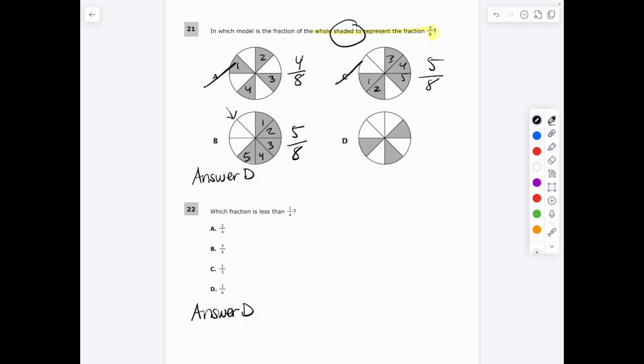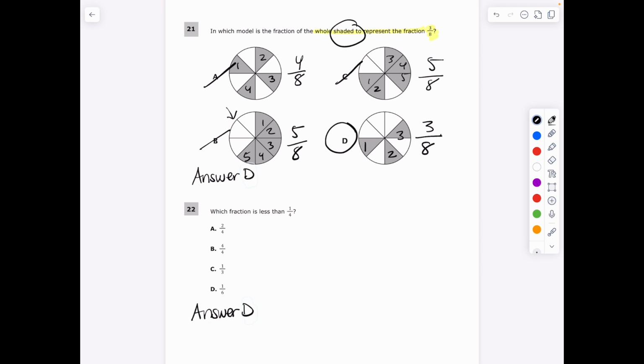I can see some kids picking either B or C just because they're looking at the white parts and not the shaded parts. And in D, I have 3 shaded pieces out of 8. So D is the correct answer. Some of these aren't even just the math thinking, it's just being careful of our work.